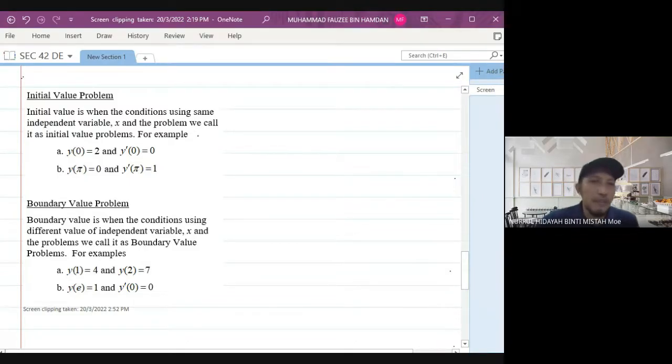Okay, so initial value problem. We call it an initial value problem when the conditions only use one value of the independent variable, the same independent variable. For example, if the condition gives you y(0) equal to 2, we substitute x equal to 0 and y equal to 2.